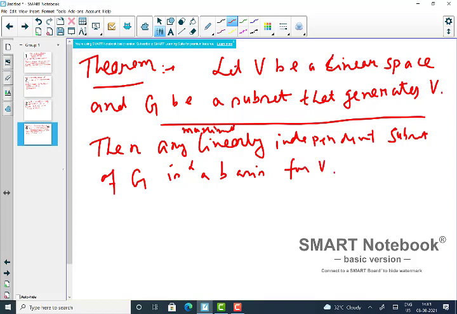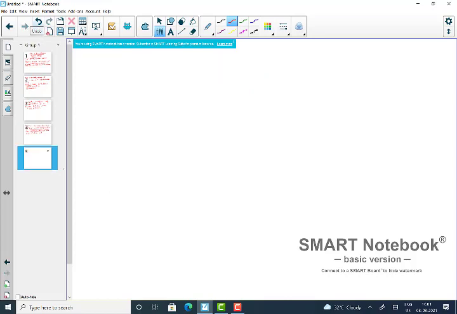Because this is a maximum subset inside G, that will be a basis. And we want to show one more important theorem: whatever linear subset you choose, you can extend to a maximum linear subset. That means it's always contained inside a maximum linearly independent subset. That is the theorem we are going to prove.